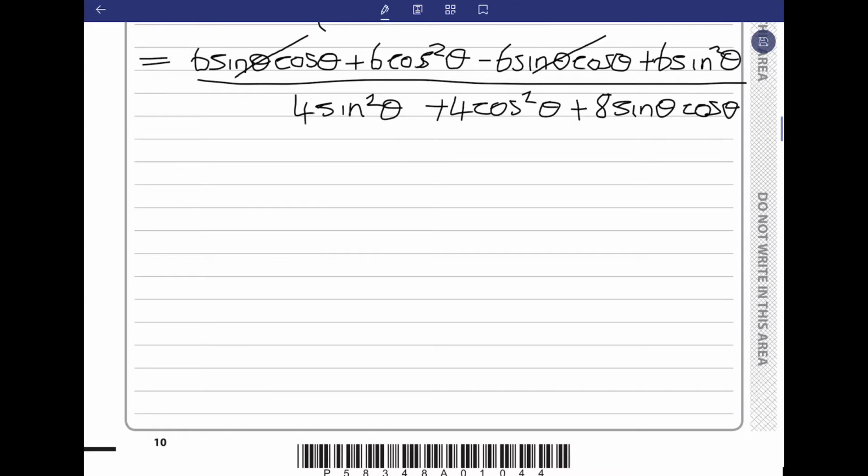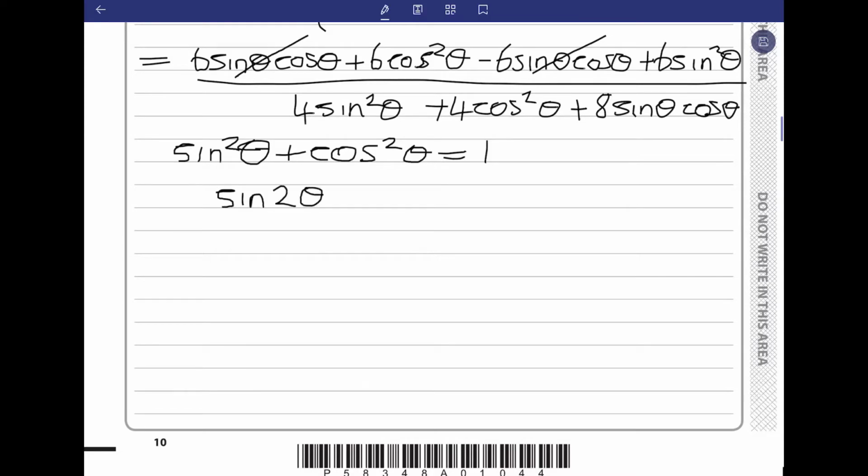Next, we're going to need some trigonometric identities. The first one is that for any angle theta, we have this equality: sine squared theta plus cos squared theta is 1. And the second one we need is the double angle formula.